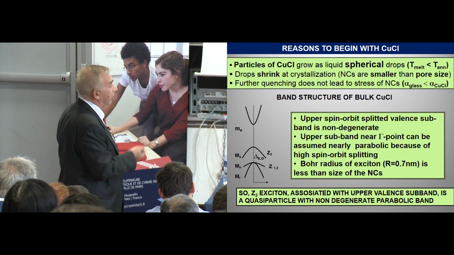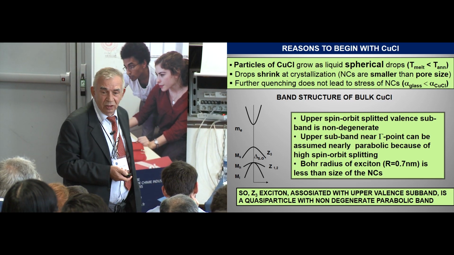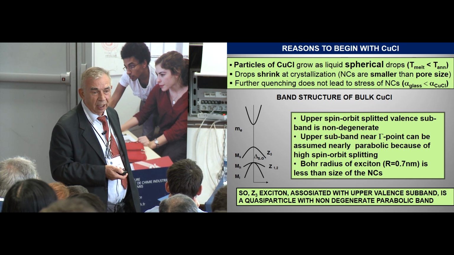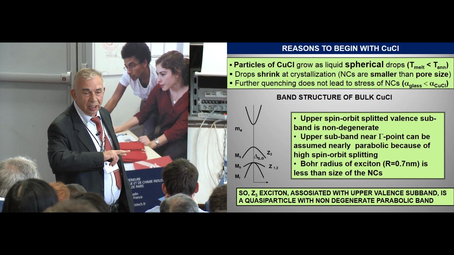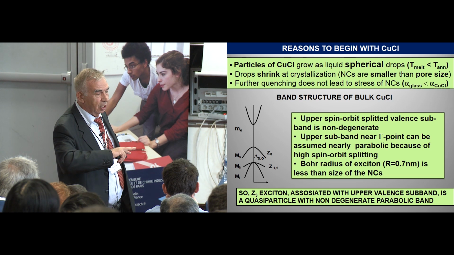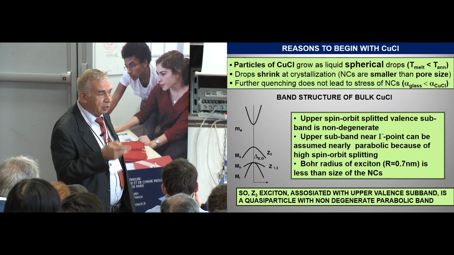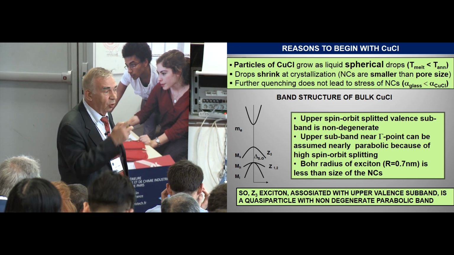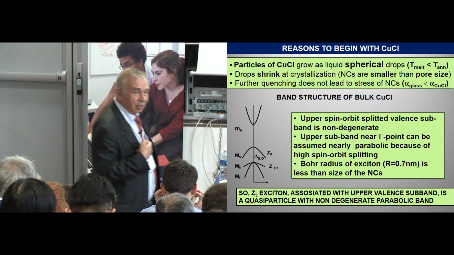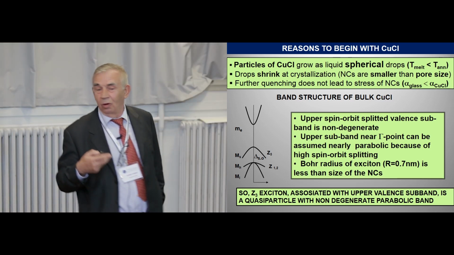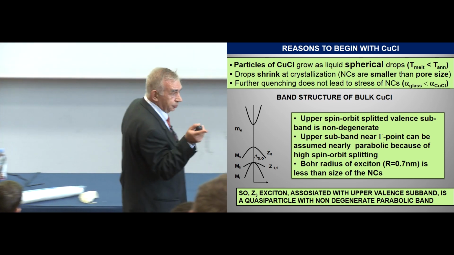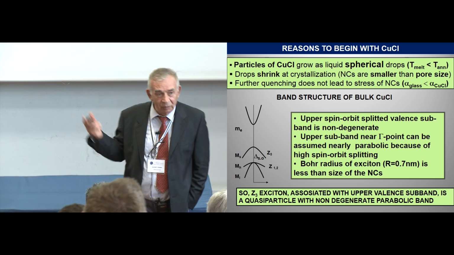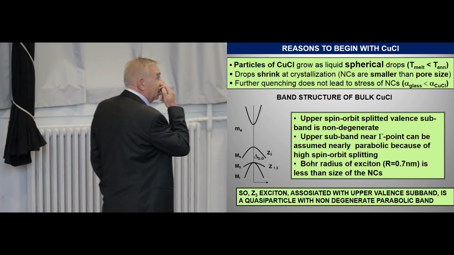That's the specific, actually very unusual band structure of copper chloride, because the spin-orbit splitting in this material is negative. And the upper band is just a non-degenerate hole band. And maybe there are some other materials, but I don't know. All the materials have a normal zinc blende structure of the valence band.